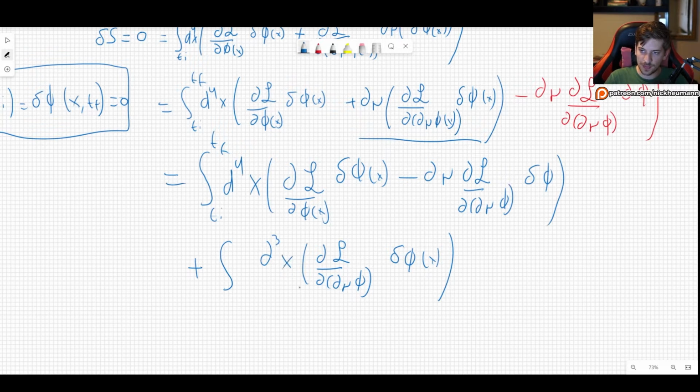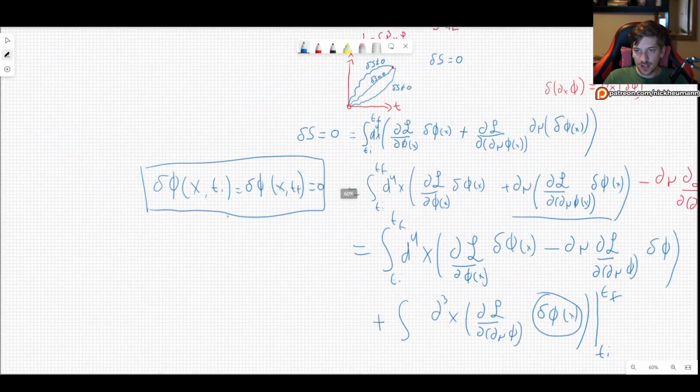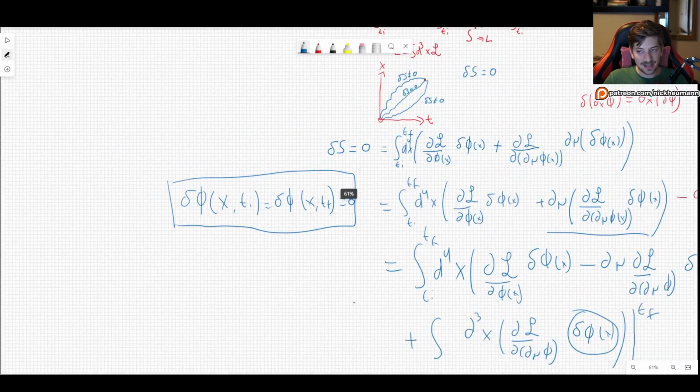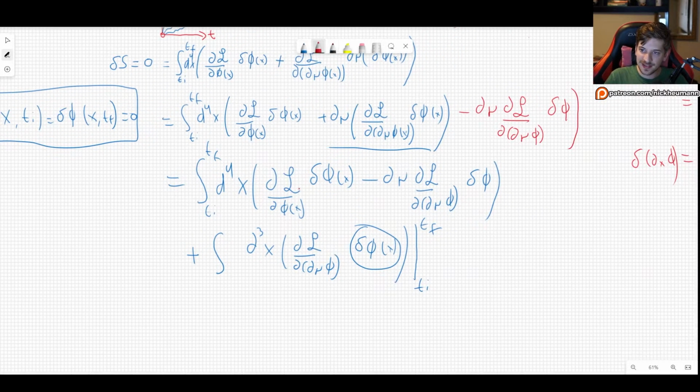That's all that remains. Then we would have to evaluate this between ti and tf. But our variation is by definition 0 at ti and tf. So that means that this entire integral here is simply going to be 0.